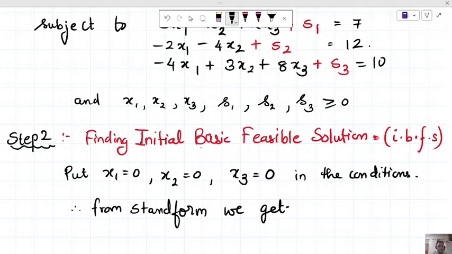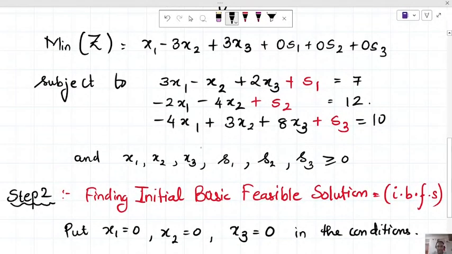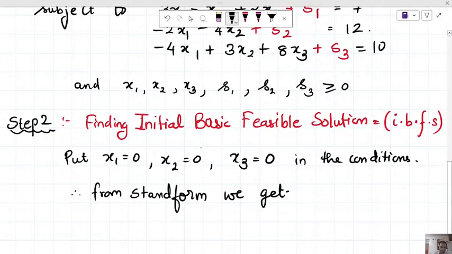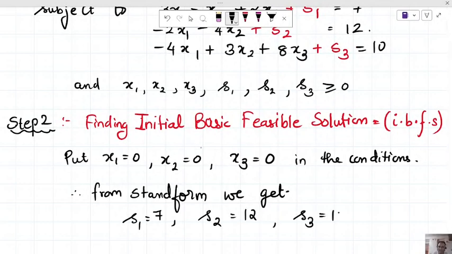We get in the condition that s1 has become 7, s2 has become 12, s3 has become 10. So this is what we have got.